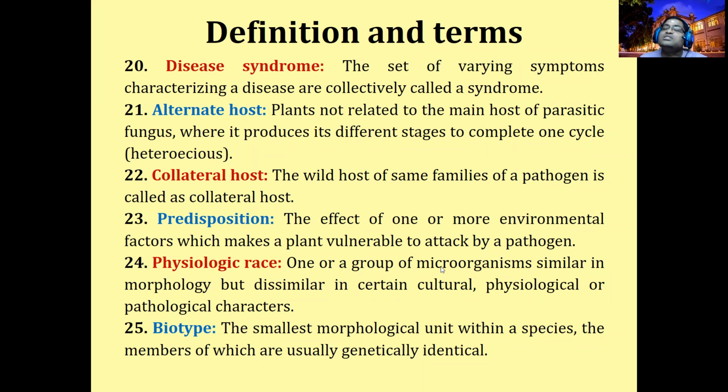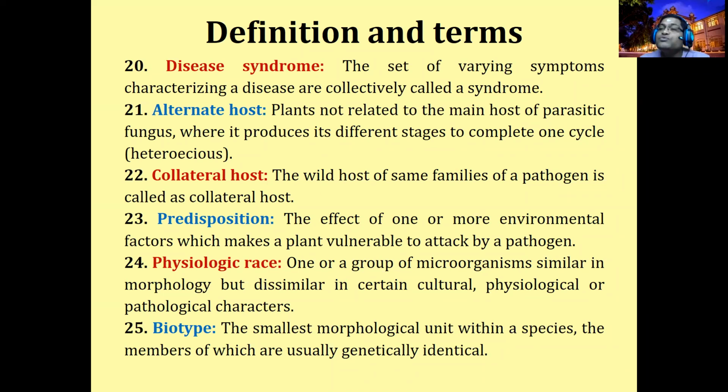They produce similar morphological structures and similar spores, but not all Fusarium can attack all hosts. For example, Fusarium oxysporum forma specialis lycopersici. Lycopersici refers to Lycopersicon esculentum, tomato. So the lycopersici strain can attack tomato.